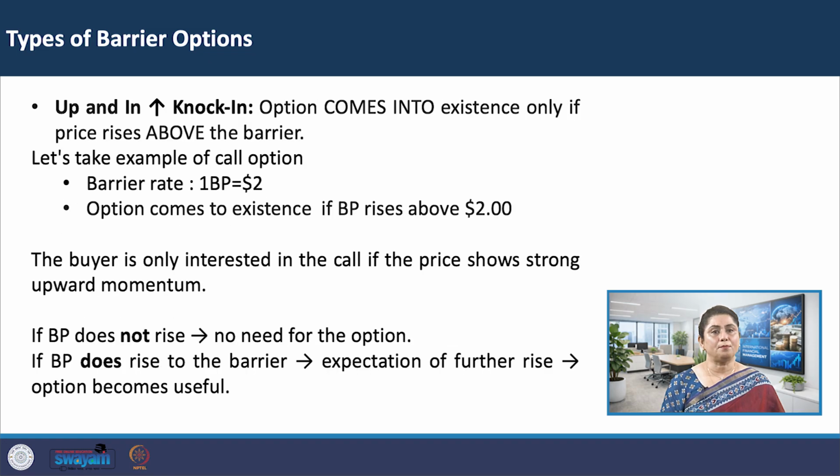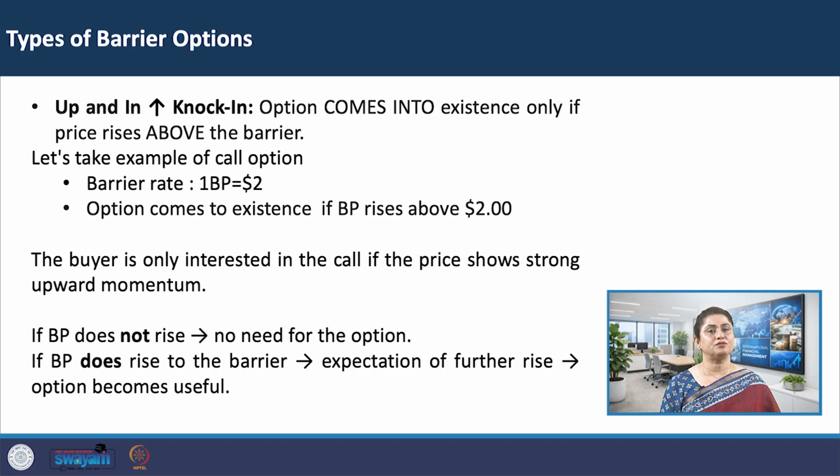Type 2 is up and in, that is a knock-in option. The option comes into existence only if price rises above the barrier. Let's take the example of a call option. The barrier level is $2 here. The option comes into existence if the British pound rises above 2.